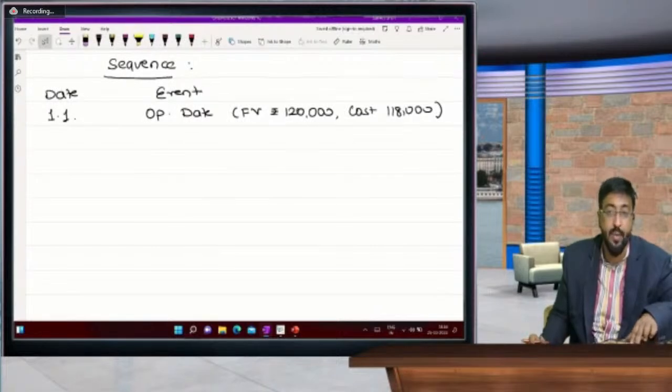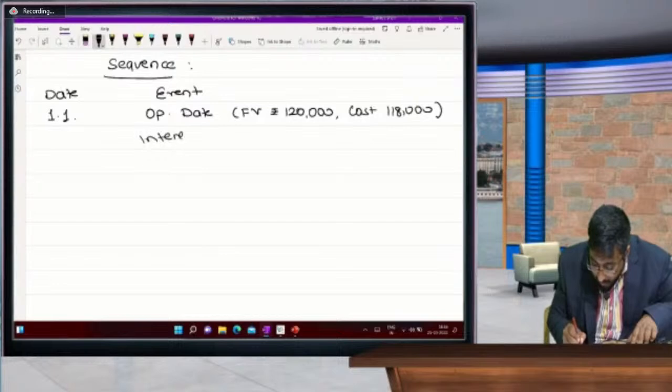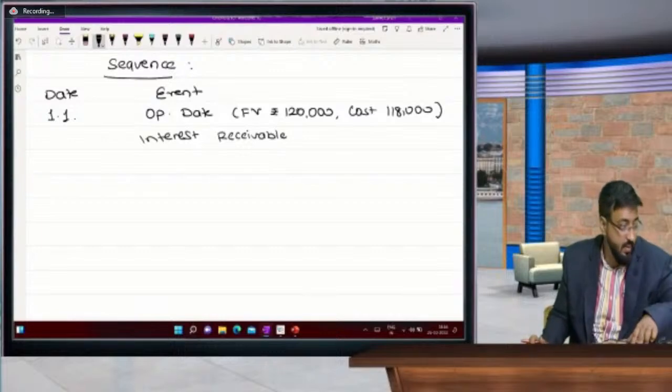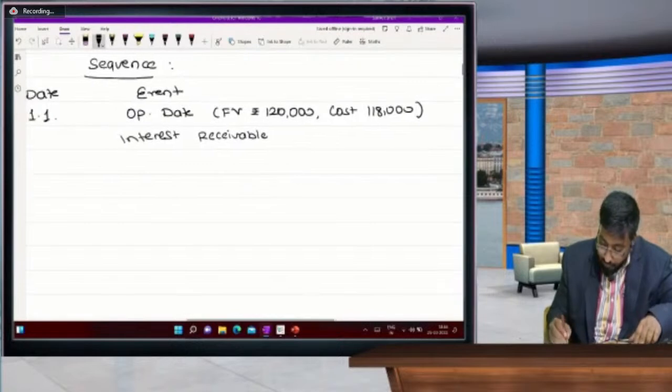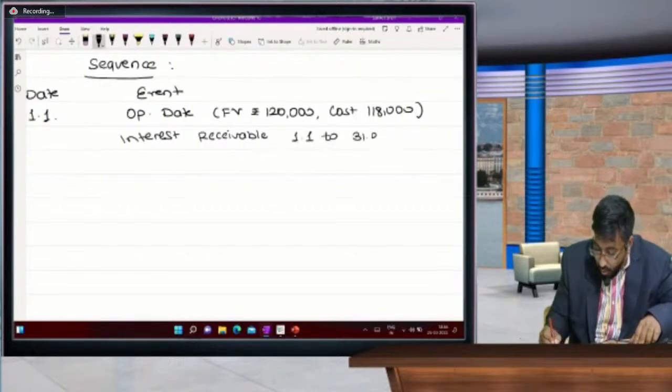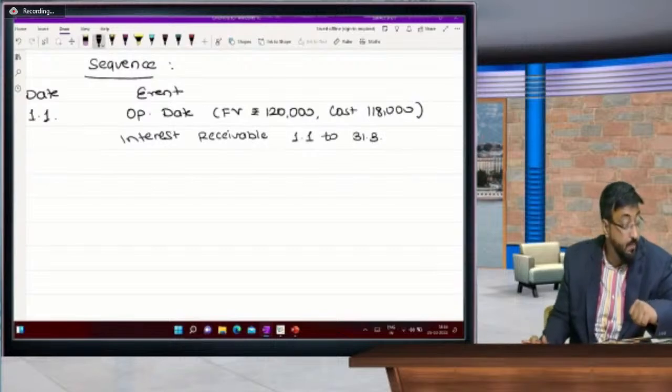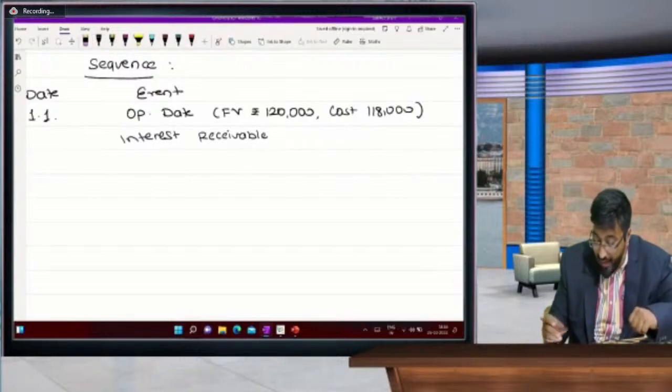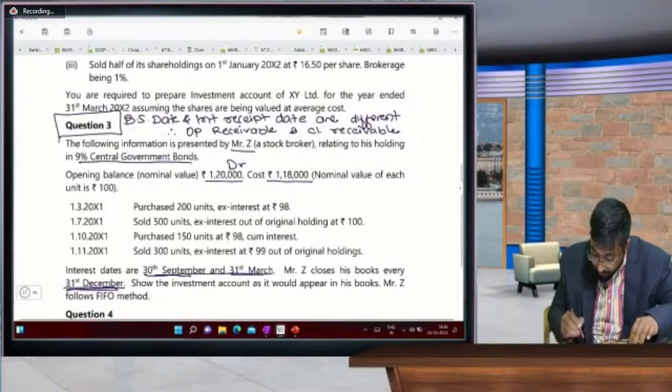Cost and opening date. So beta, interest receivable. What is the interest receivable date, beta? From 1st January to 31st, sorry. Last interest, when was it paid? Last interest on 30th September.